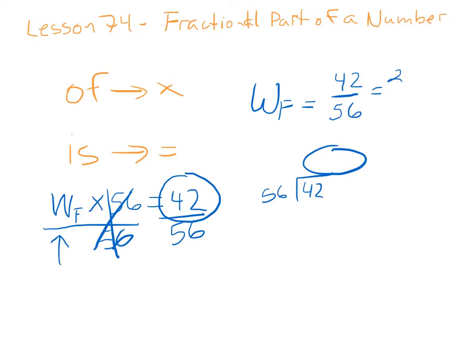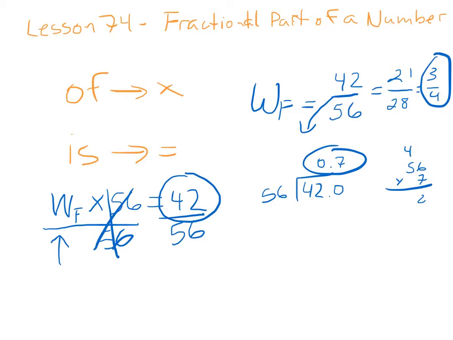Maybe I can divide by 2, and so I'd have 21 over 28, and I see I can divide both by 7, so I'd have 3 over 4. So 3/4. Or if I did it this way down here, 56 will go into 42.0 zero times, so into 420 7 times. 56 times 7 is 392.